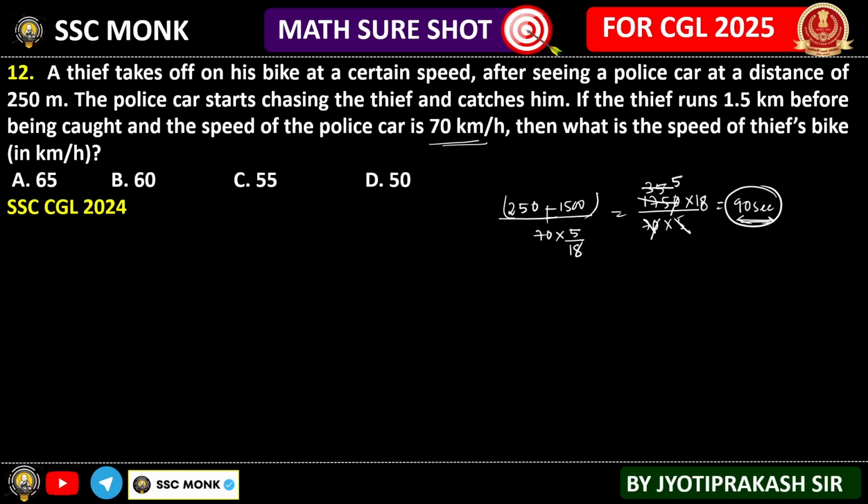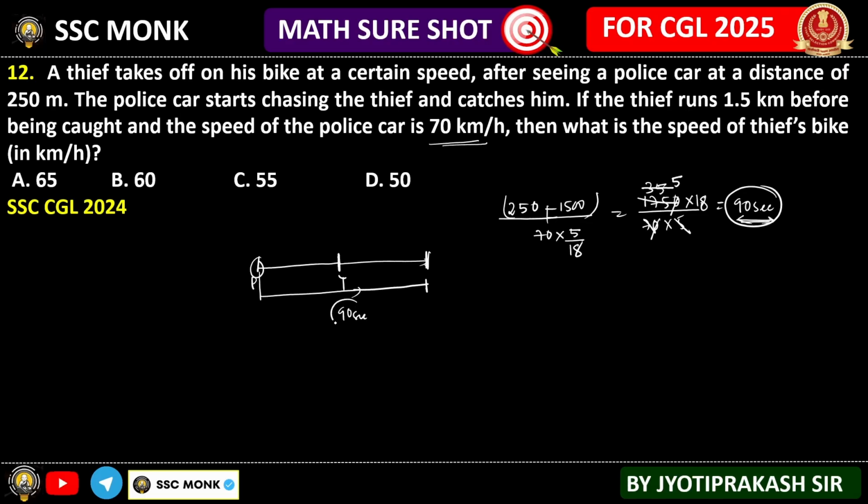Yes. Now the only silly mistake that happens here is, you need to understand police was here. After 250 meter, thief was here. When the thief looked at the police car, it started running and the police started chasing. Now the time taken by the police to reach this thief was 90 seconds.